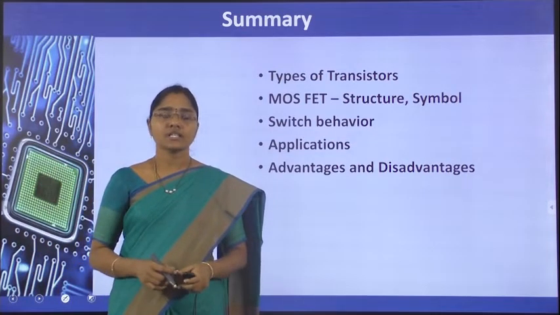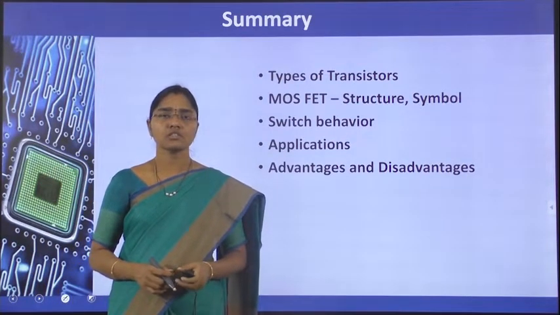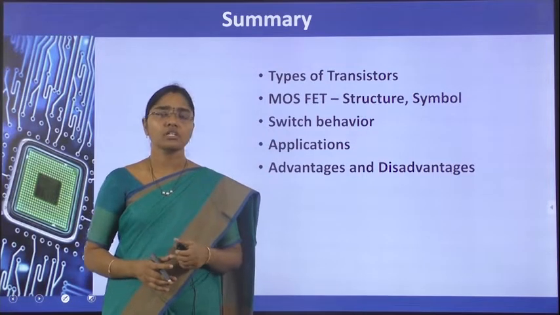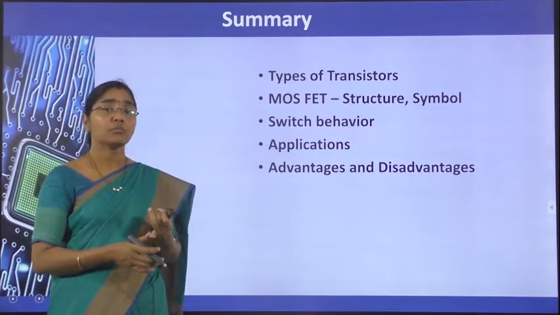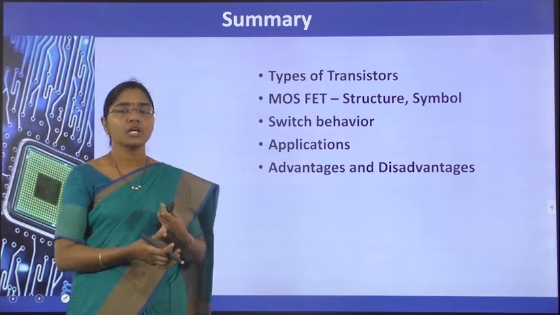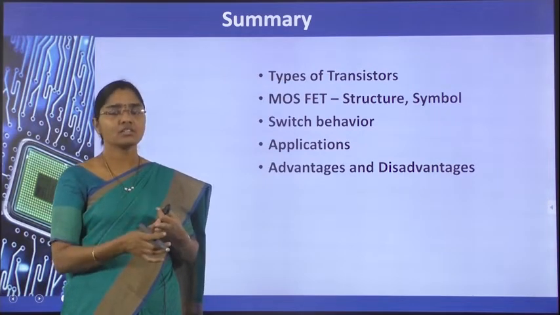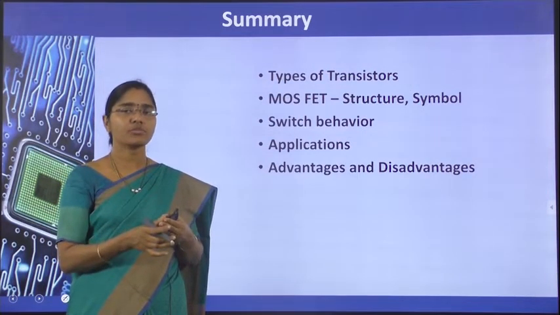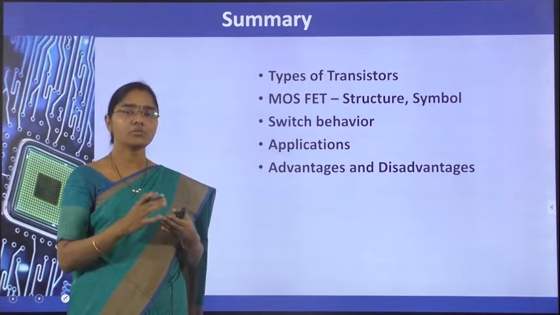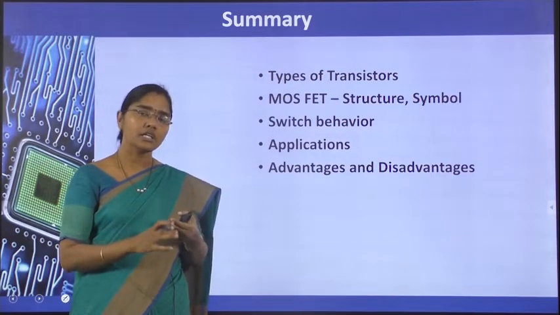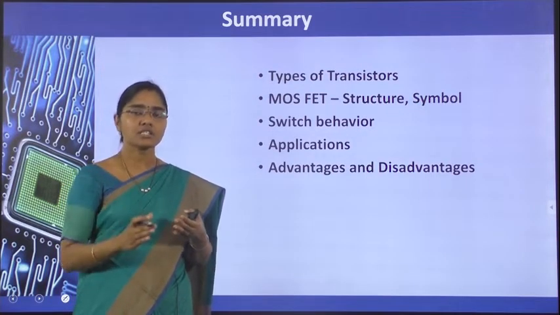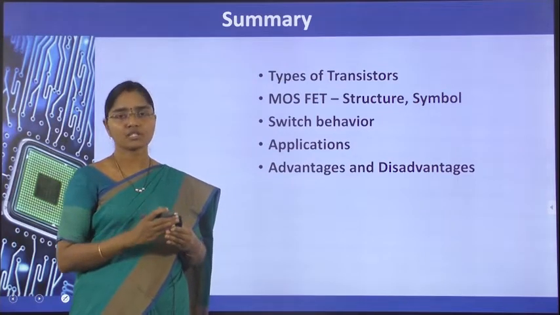The summary of this lecture is, till now we have seen the MOSFET introduction, MOS technology introduction, MOSFET structure and its types: enhancement, depletion, NMOS, PMOS, and then the schematic structures and 3D structure of this MOSFET.